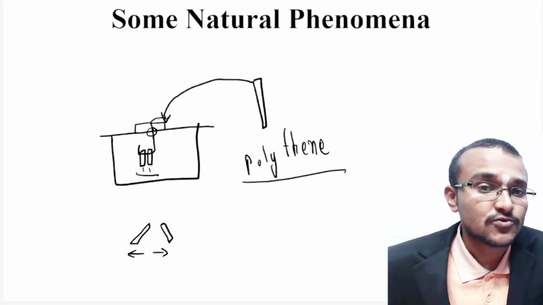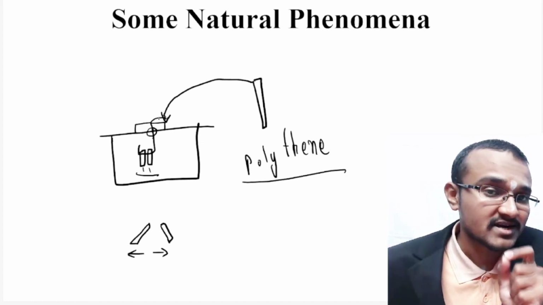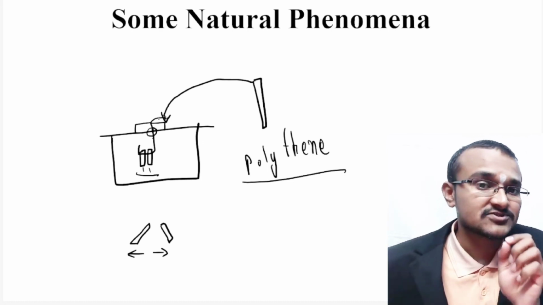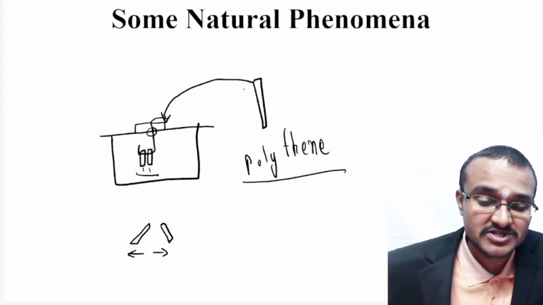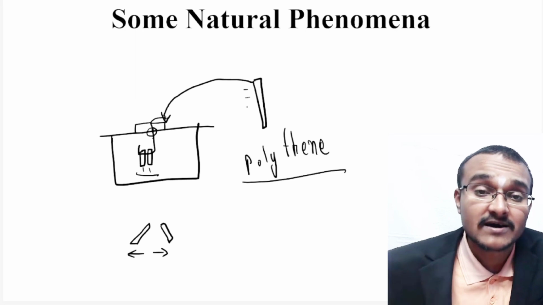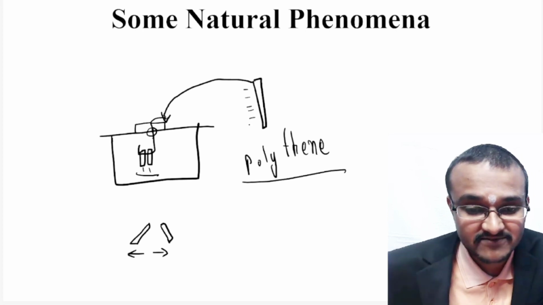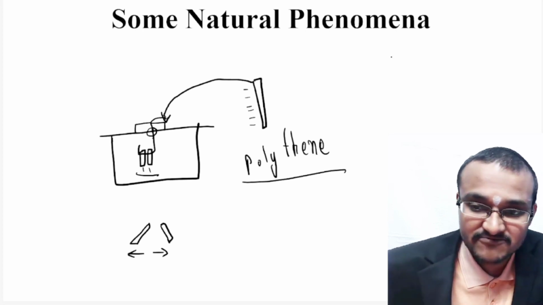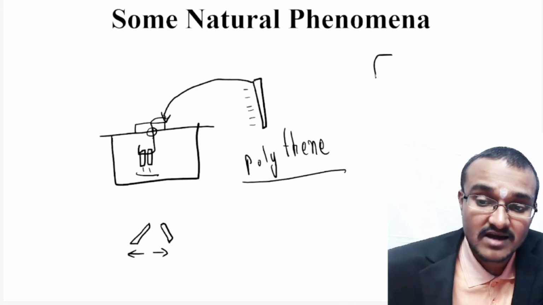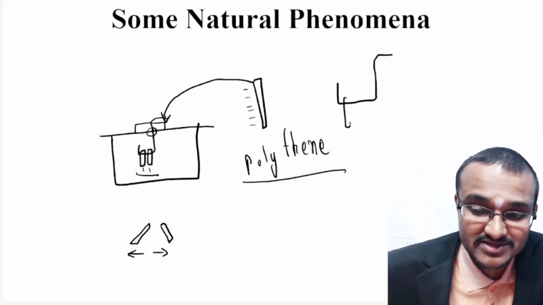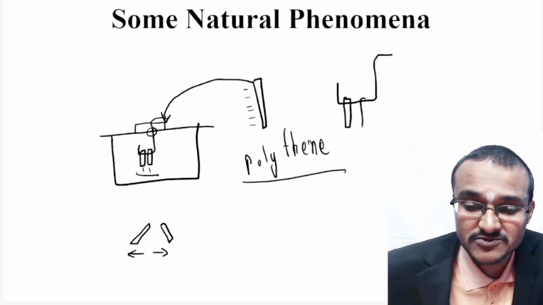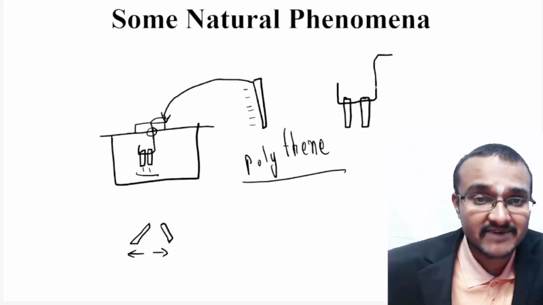Here you all know that iron is a good conductor of electricity. It is a good conductor of electric charges. Hence the charges which were accumulated on this plastic straw or plastic refill got transferred through this iron wire, and those charges got accumulated on the metal strips attached to this iron wire.